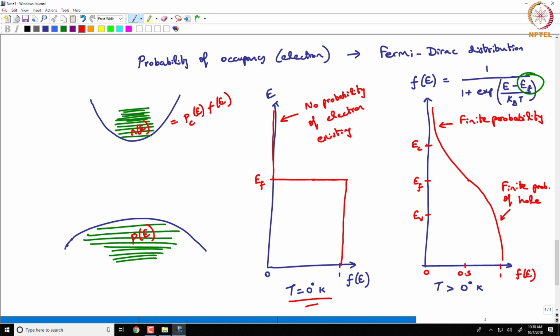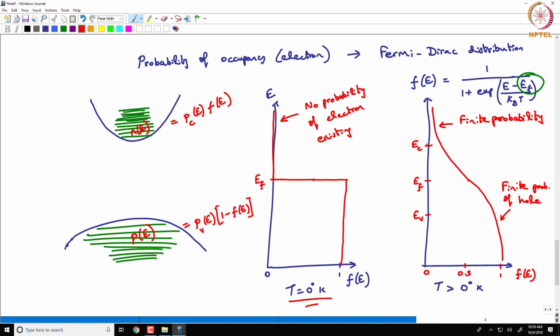So, the density of states multiplied by f of E would give you the distribution of electrons in the conduction band, and similarly rho V, that is the density of states in the valence band, multiplied by 1 minus f of E, because we are talking about the existence of a hole. The existence of a hole is when you do not have an electron in those energy levels, right.